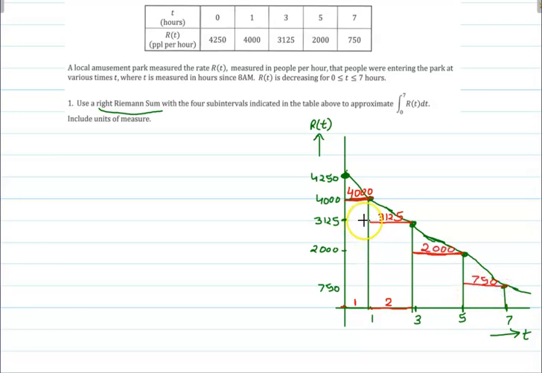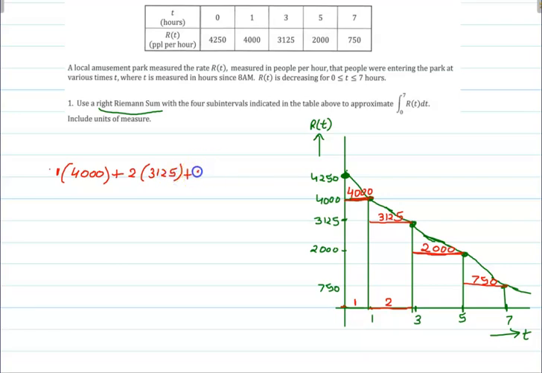Then we are going to find the area of each rectangle and sum them all up to find the area under the curve from 0 to 7. The area of the first rectangle is width times height. Width is 1, height is 4000. So it's 1 times 4000, plus the area of the second rectangle, 2 times 3125.